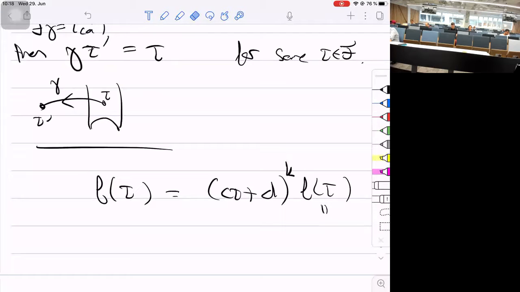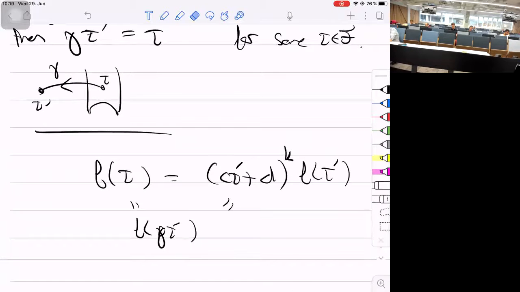I'm going to look at the value of f of tau prime, so that's equal to f of gamma tau.